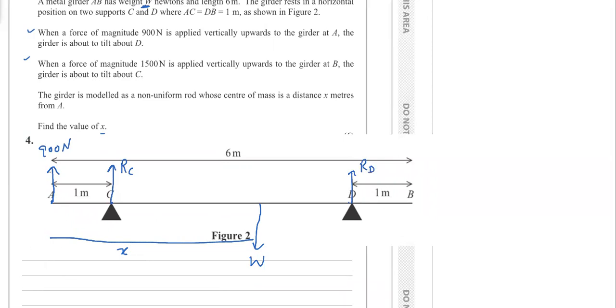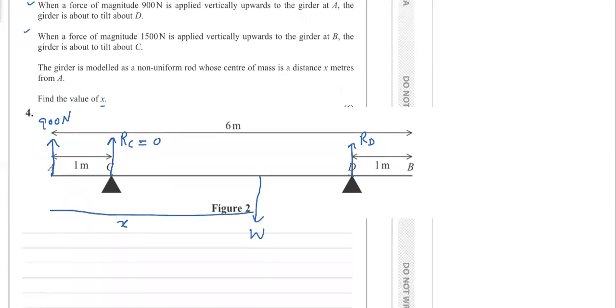Now in the first case, when the force of 900 Newton is acting at A, this rod will lift from point C, so it will not be in contact with this one. So the reaction RC will be 0 in this case, and it will tilt about this point D. So basically how we will do this question, we will make two equations, and then after solving these equations, we will get the value of x.